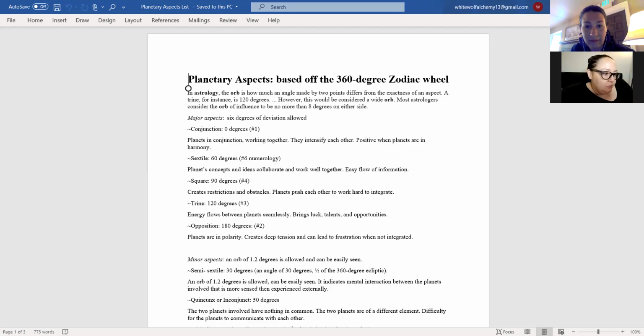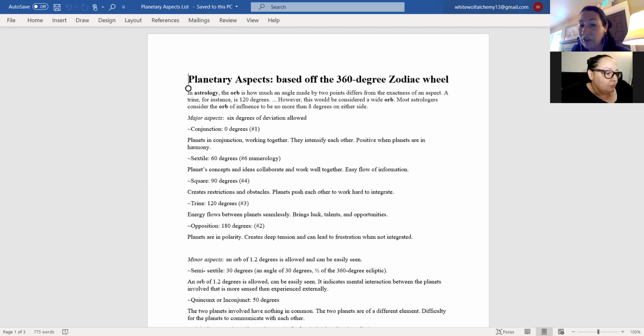So see all down here? It creates the squares, 90 degrees, triangle, 120, creates a hexagon for the sextile, a dodecagon for the semi-sextile. The quincunx is that, how many sides?